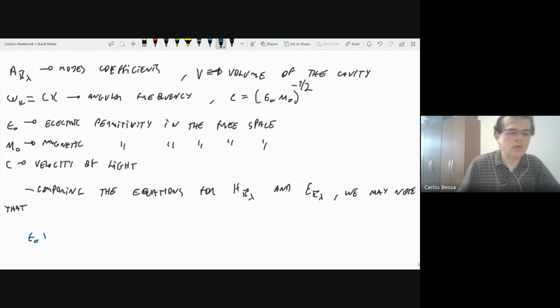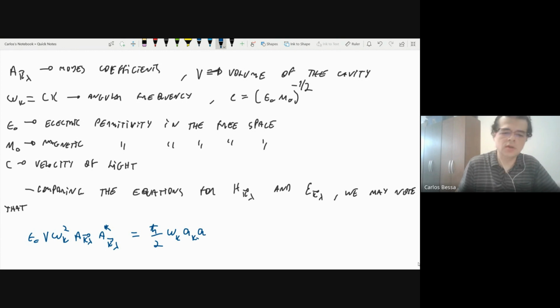epsilon 0 V omega k squared, A lambda conjugate k lambda would be related with h bar omega k a k dagger a k lambda. And the same for the other part, right?